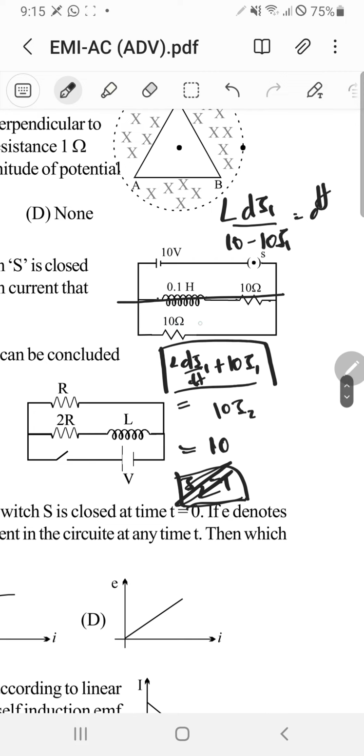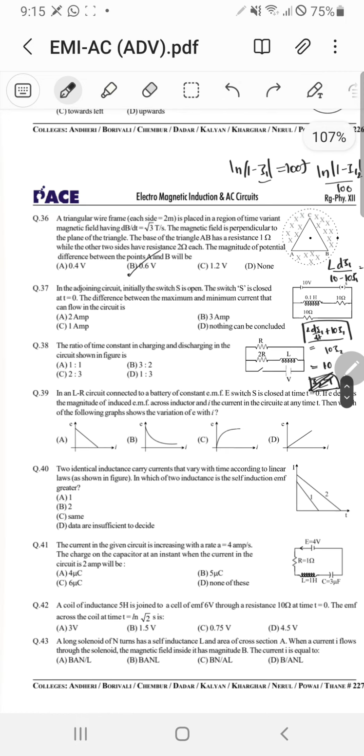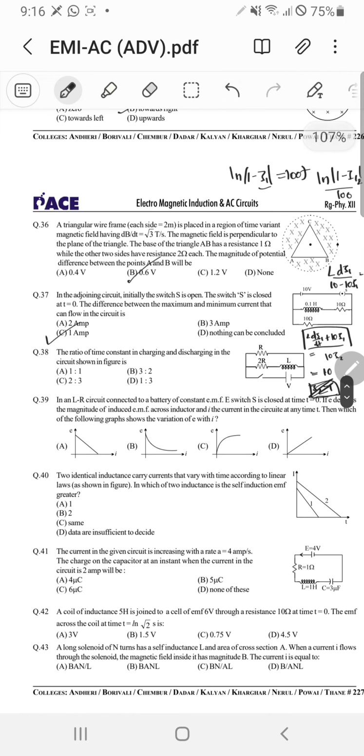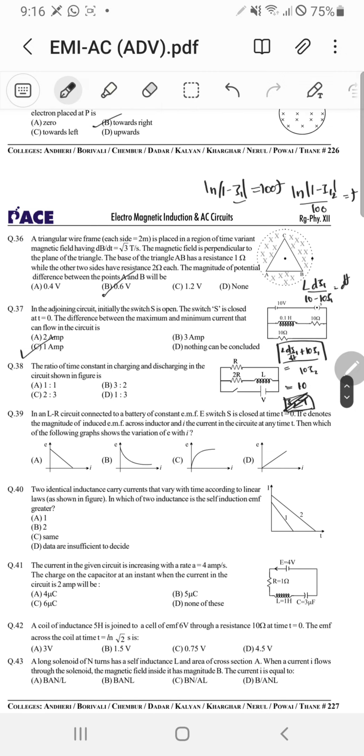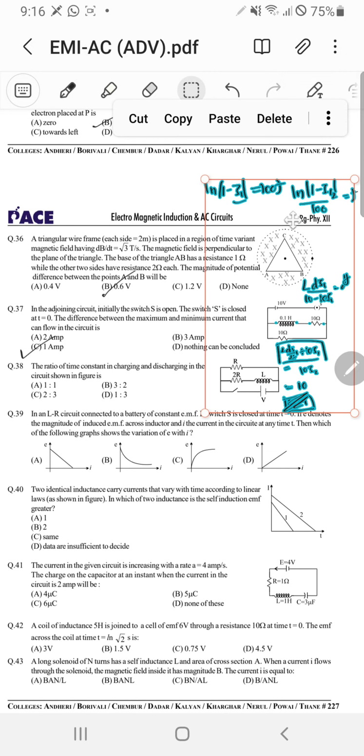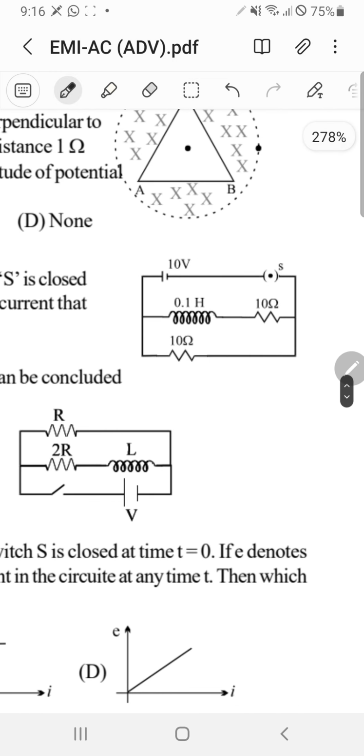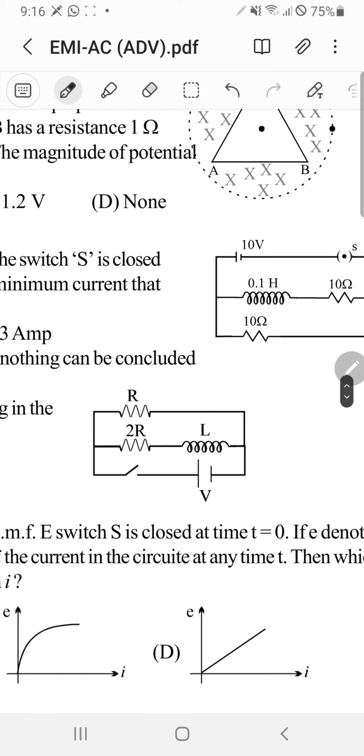And then of course this doesn't make any difference. So it's gonna be 1 amp. It can be concluded because at t equal to infinity, this inductor just behaves like a wire. So there's only current 1 ampere in this wire, and initially it tries to resist, so there's 0 current, right?